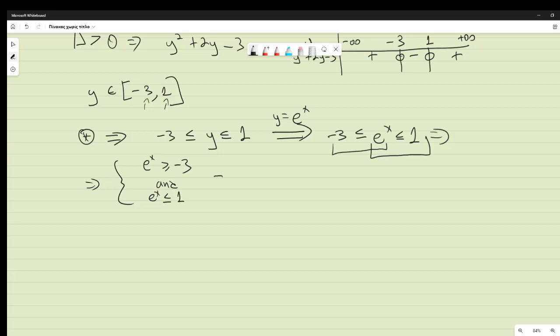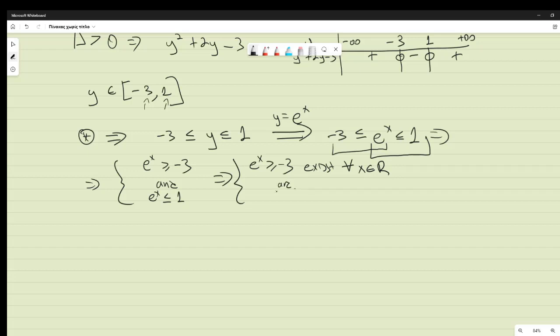The first inequality always exists because e is greater than 0, so there is no way to put a power on e and the result will be negative or 0. So e to the power of x greater than minus 3 exists for every x that belongs to R.